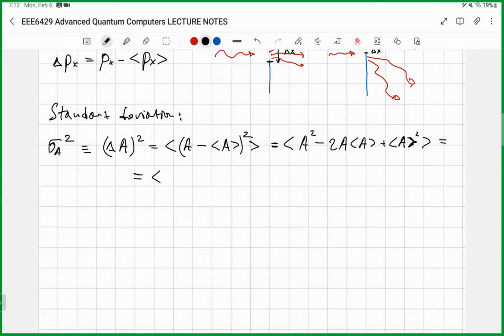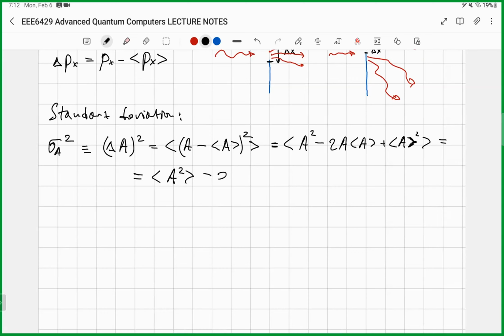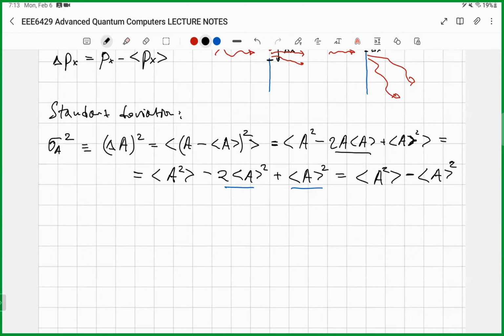So I'll get the expectation value of A squared, then minus 2 expectation value squared, plus expectation value squared. So these two simplify, and I'll get the expectation value of A squared minus the square of the expectation value. So this is the standard deviation.